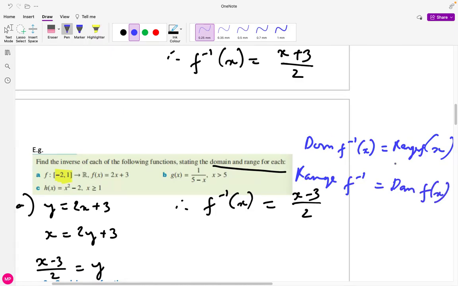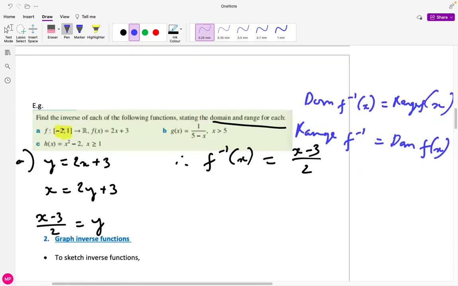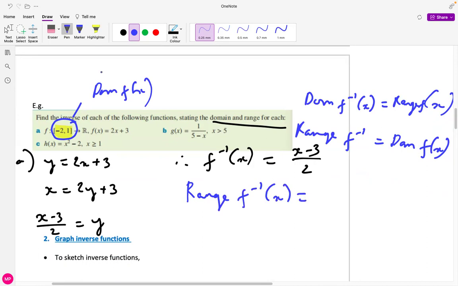So what we've got to do is find the domain and range of the original, and we can swap them around. So you can see this is the domain of the original. So this will become the range of the inverse. So the range of the inverse equals the domain of the original, which is -2 to 1.